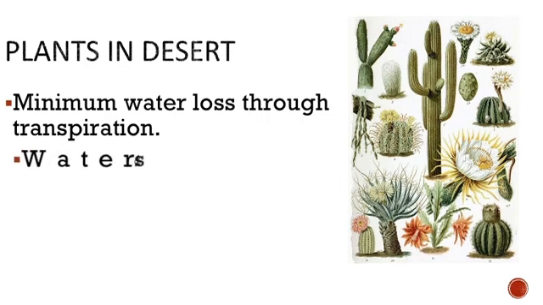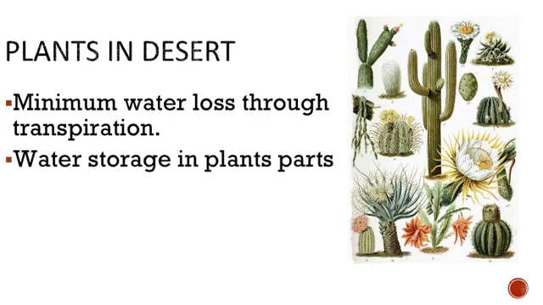Secondly, water storage. In these plants there are certain parts which store water. In certain plants, the stem is covered with a thick waxy layer which helps to retain water. Some plants store water in their leaves or roots.